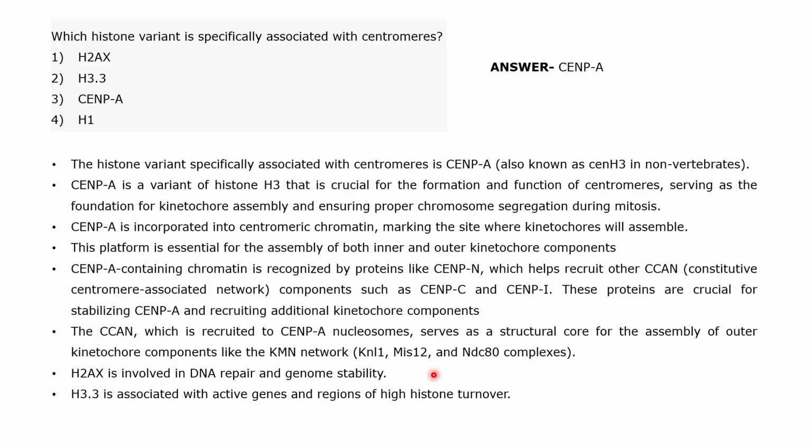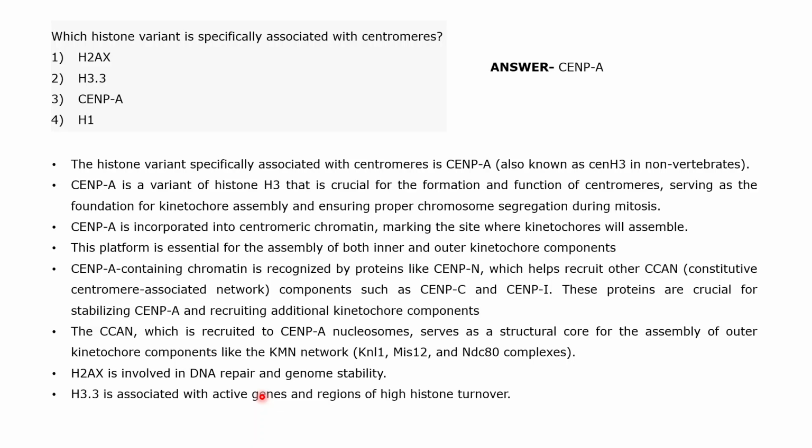At some point of time it needs to be compacted, but the majority of the time it needs to be free. So the presence of histone at that region should be less compared to the degradation of histone there. That region must be free from histone at that time. That's why it's called a region of higher turnover and is associated with regions of active genes.